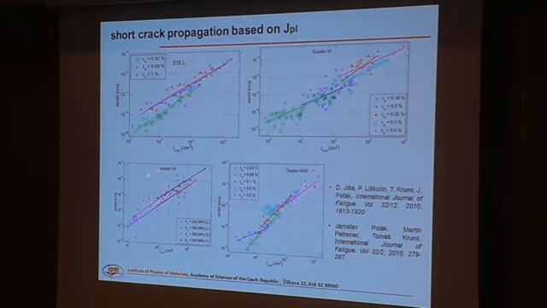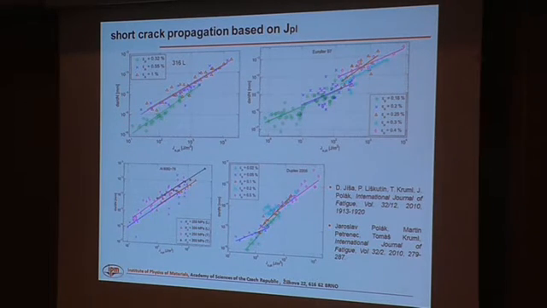In this aluminium alloy, there are different loading conditions, and it perfectly fits these two curves together. There is only a difference between the longitudinal and transversal crack propagation for the specimens cut from the rolled plate, so there is a slightly different orientation of the microstructure.